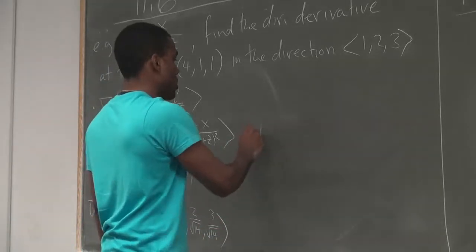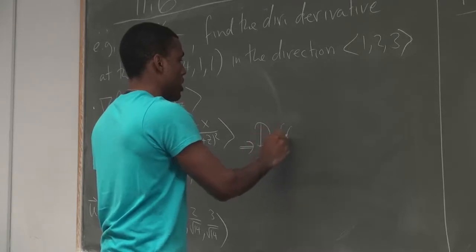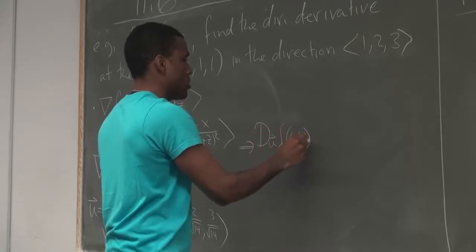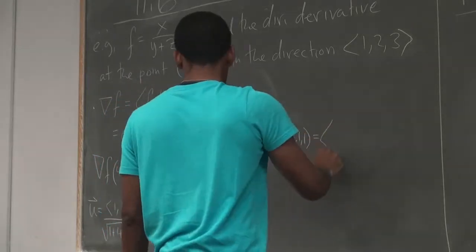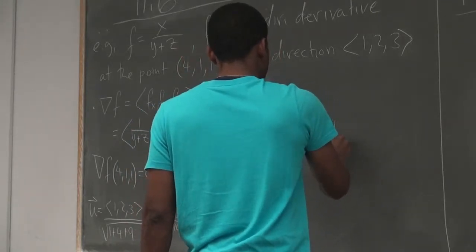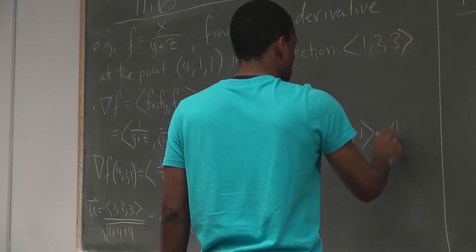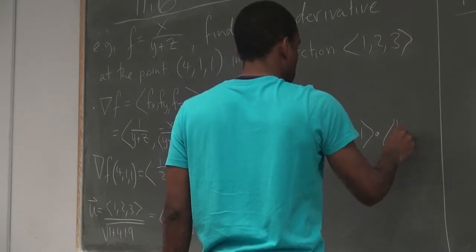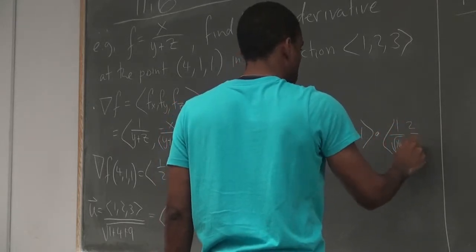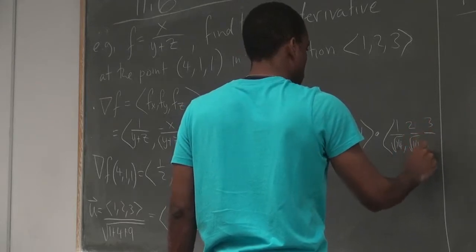This means the directional derivative at the point 4, 1, 1 is equal to a half, minus 1, minus 1 dot product with 1 over radical 14, 2 over radical 14, 3 over radical 14.